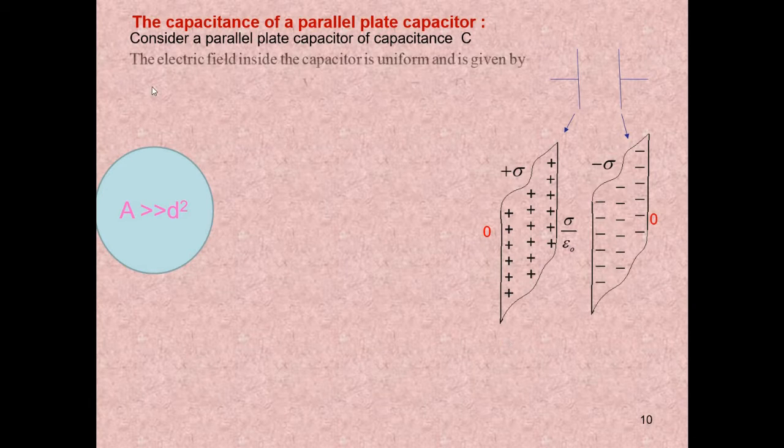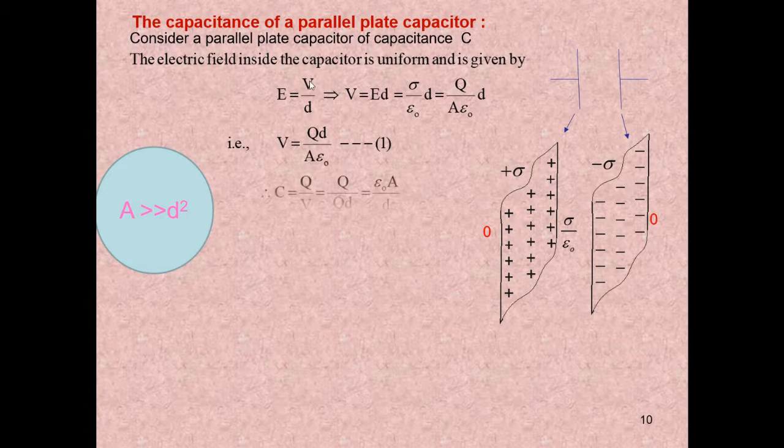Proceeding further, the electric field inside the capacitor is uniform, given by, this is general, E is V by D.